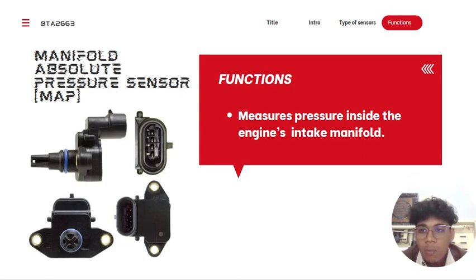Next, we talk about the manifold absolute pressure sensor, or other name we call it MAP. Like the MAF or the AFM, the MAP sensor measures how much air is coming into the engine. But unlike the AFM or the MAF, it does not measure the incoming air mass directly. Instead, it measures pressure inside the engine's intake manifold and calculates the air mass based on that.